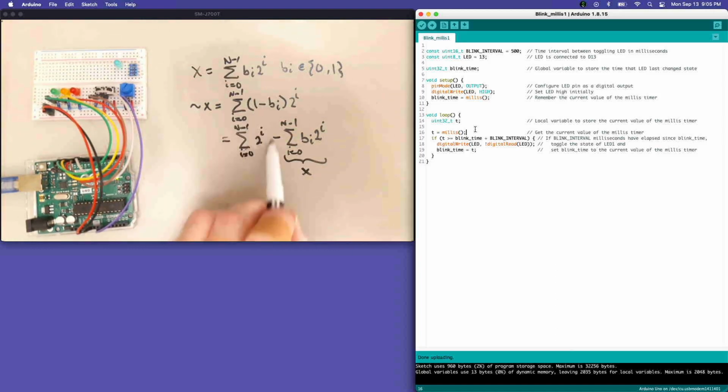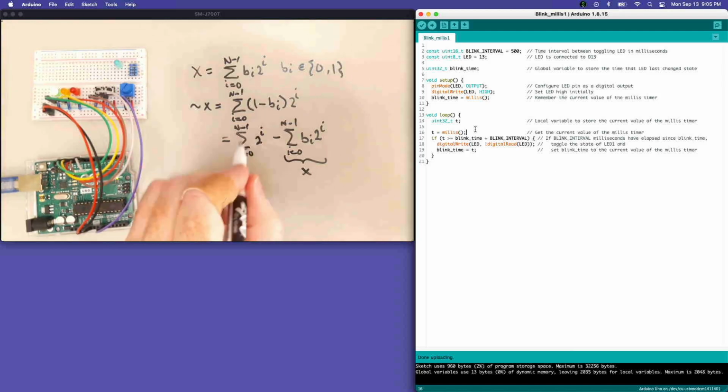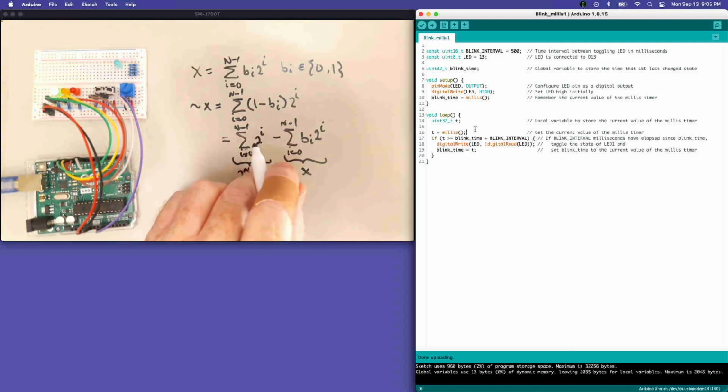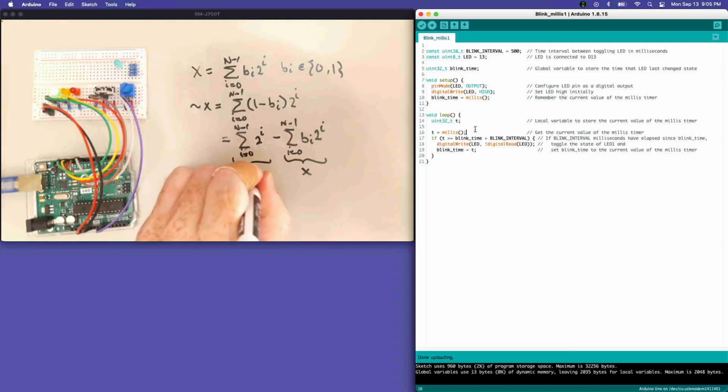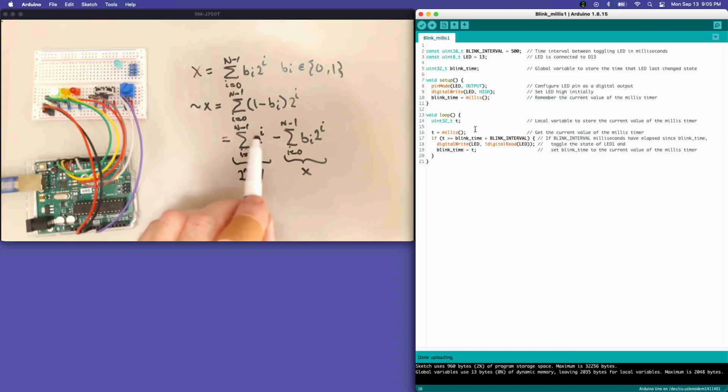And this first thing turns out to be 2 to the n minus 1. This is just a geometric series, and the common ratio is 2. It's a finite series, and there's a formula you can use to find the sum of that.